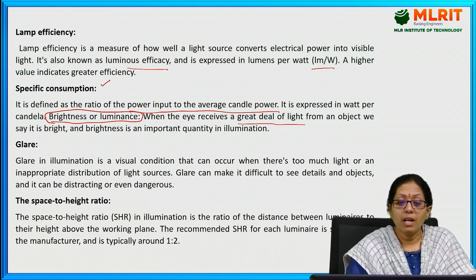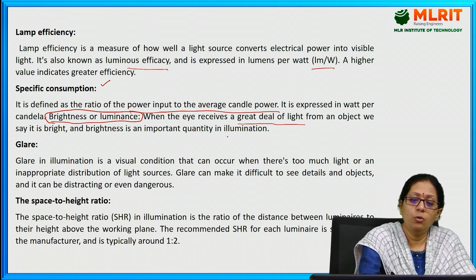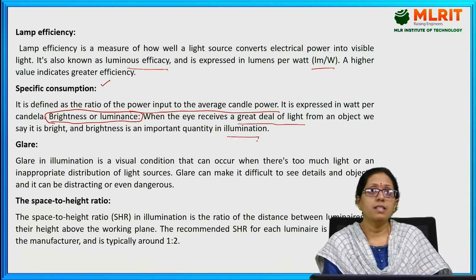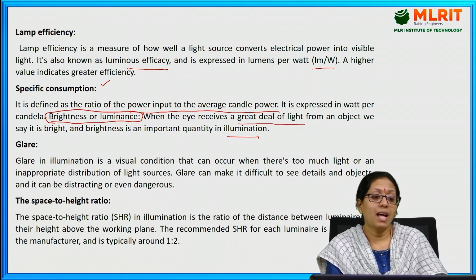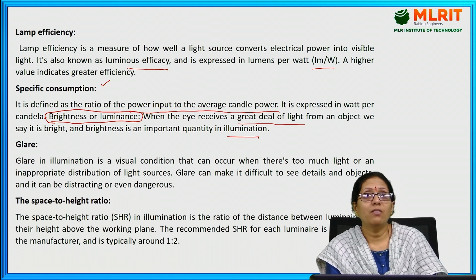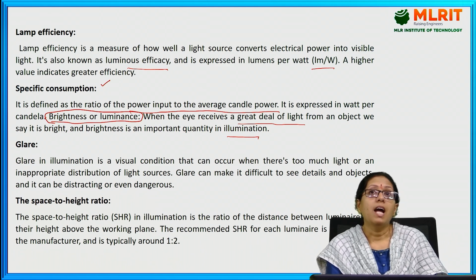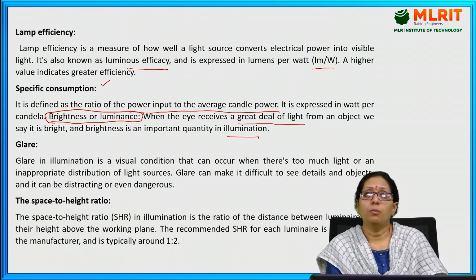And brightness is an important quantity of illumination. Brightness can also be called luminance, and the amount of light which is falling on the eye, you can call it brightness or quantity of illumination.